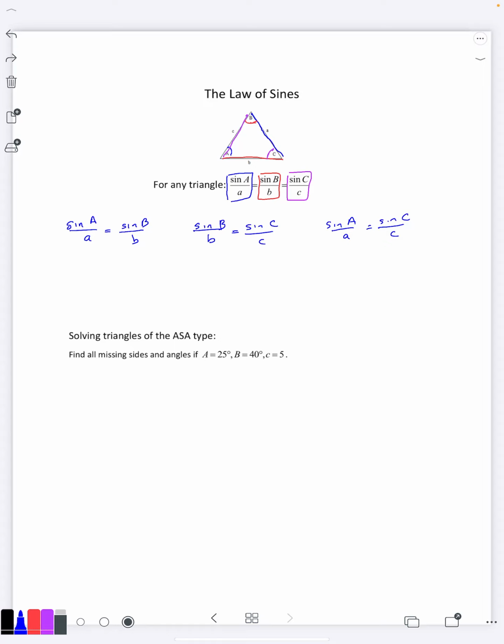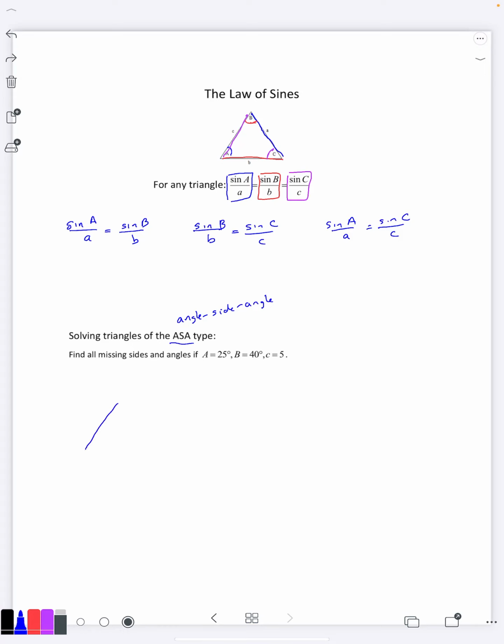Now, for these types of problems, we're going to have different types of them. And the first example we're going to solve is something that we call ASA type, or angle side angle. That's what ASA stands for here. Angle side angle. And let's try to draw a triangle.